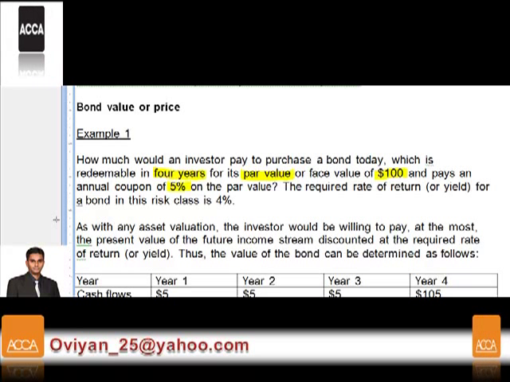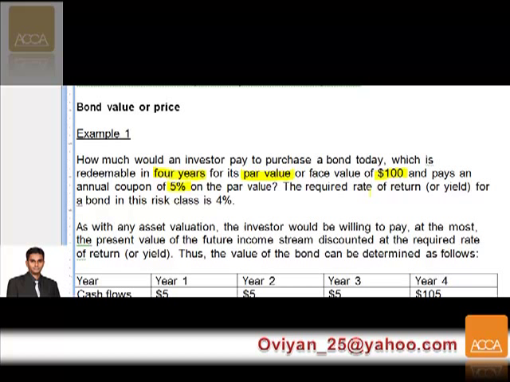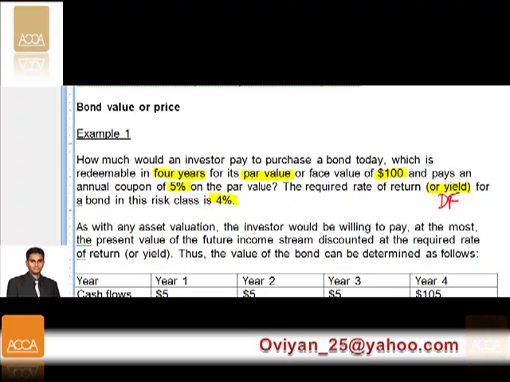The coupon rate determines the interest received by the investor. The required rate of return or yield will be your discounting factor of the bond. In this case it's 4%.